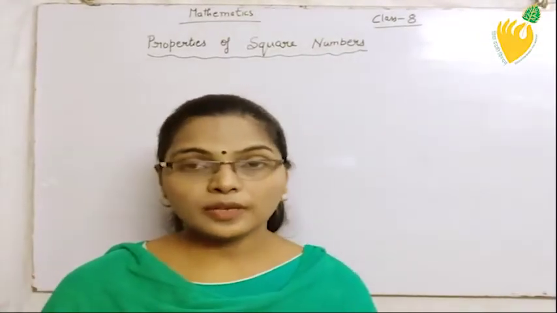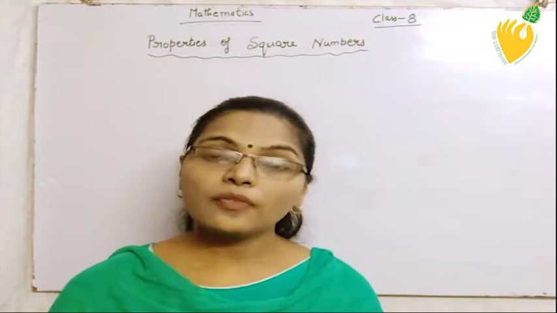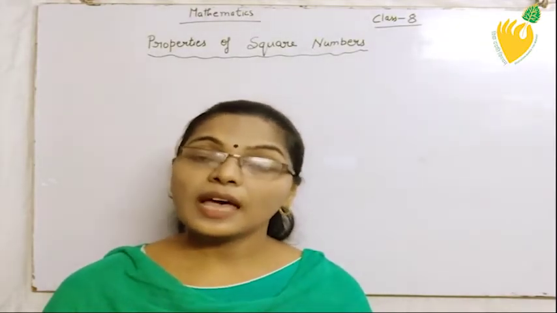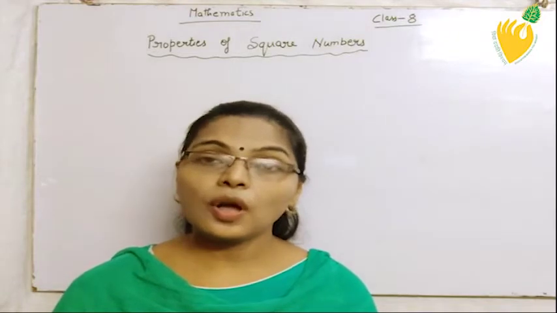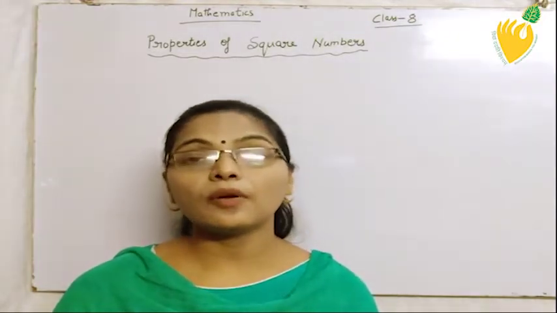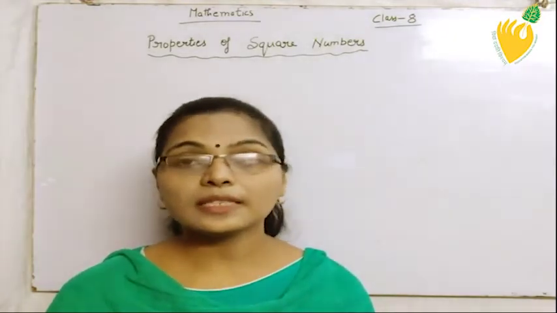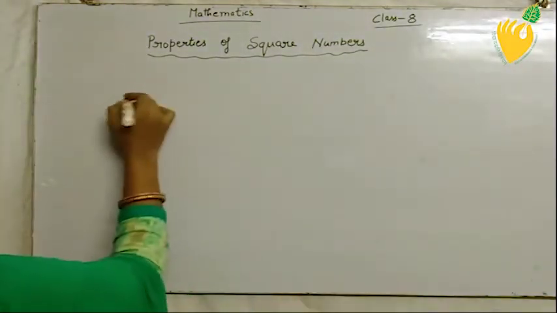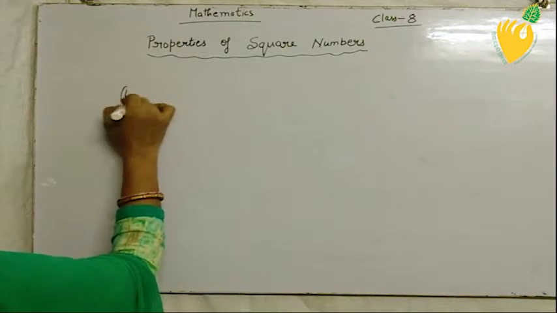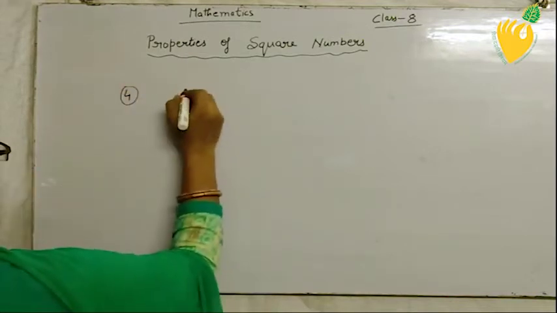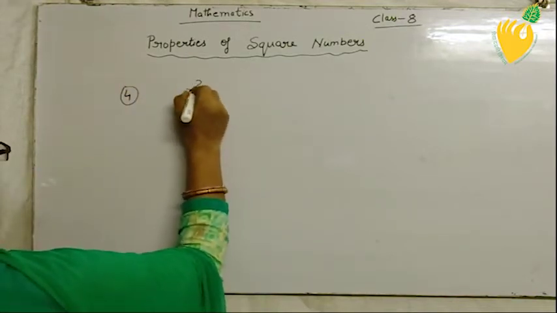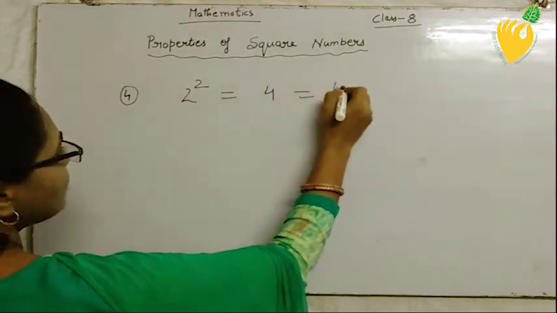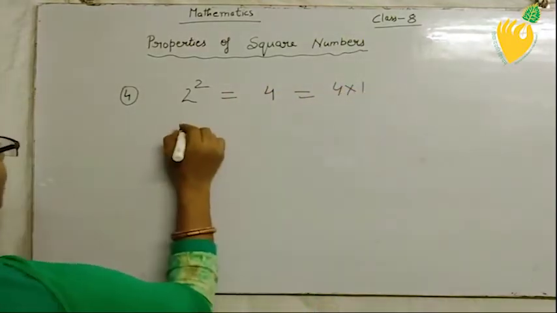The next property is, students, that the square of any natural number other than 1 is either a multiple of 4 or exceeds a multiple of 4 by 1. Let's see how. This is the fourth property. Suppose the square of 2 equals 4, and 4 is a multiple of 4.